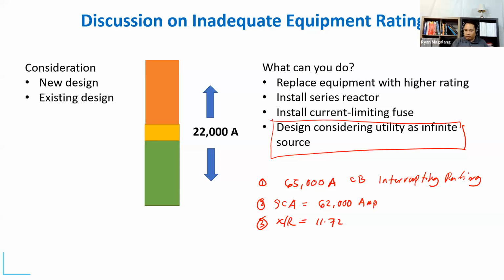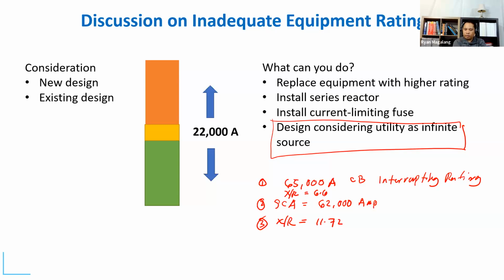Let's say this breaker is tested at an XR ratio of 6.6, while the actual XR ratio at that faulted point where the breaker is connected is 11.72.